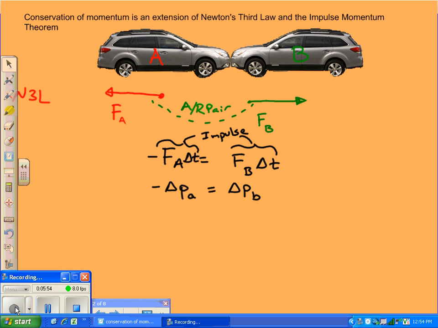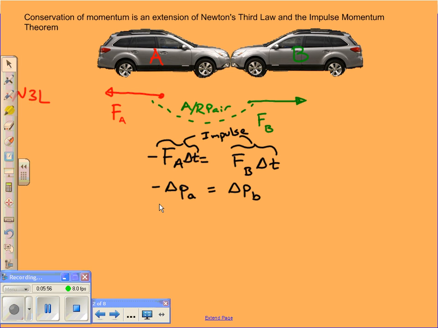Okay, so here we go. Delta PA, so I'm going to work on this side first. Delta PA, and expand it out. So what am I going to get? I'm going to get a negative, lots of subscripts here, mass of car A, velocity of car A final, and that negative sign is going to distribute through, so I'm going to get a plus mass of car A, velocity of car A initial.